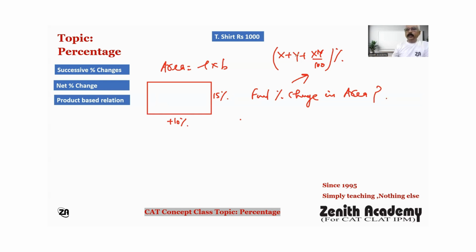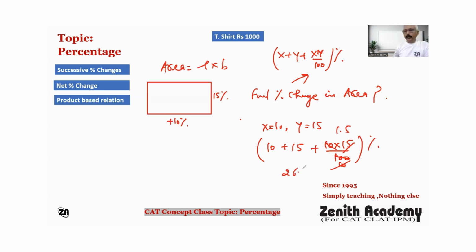Okay, so here you can use this formula. X is 10 and Y is 15. So 10 plus 15, plus 10 into 15 by 100. This is 1.5, 10 plus 15 is 25, so 26.5%.